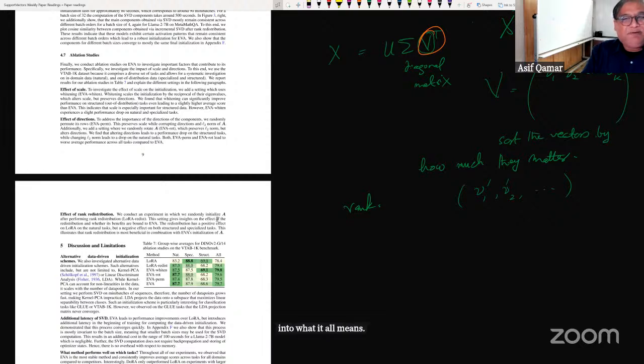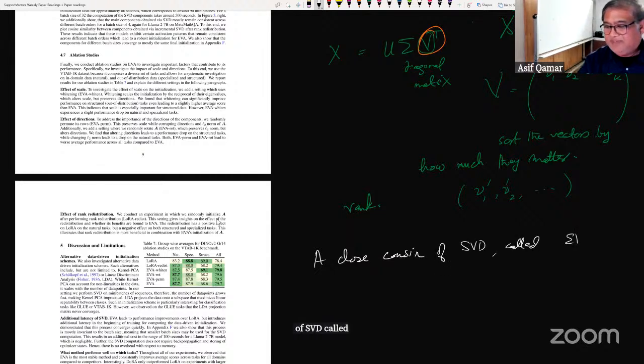But I will first start by explaining a cousin of singular value decomposition. It is called eigenvalue decomposition. So we will take a close cousin of SVD called EVD, eigenvalue decomposition.